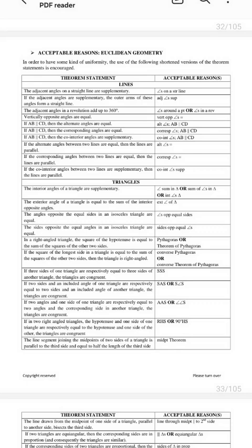And the acceptable reason says you can either say Pythagoras or you can say theorem of Pythagoras, in full complete words.